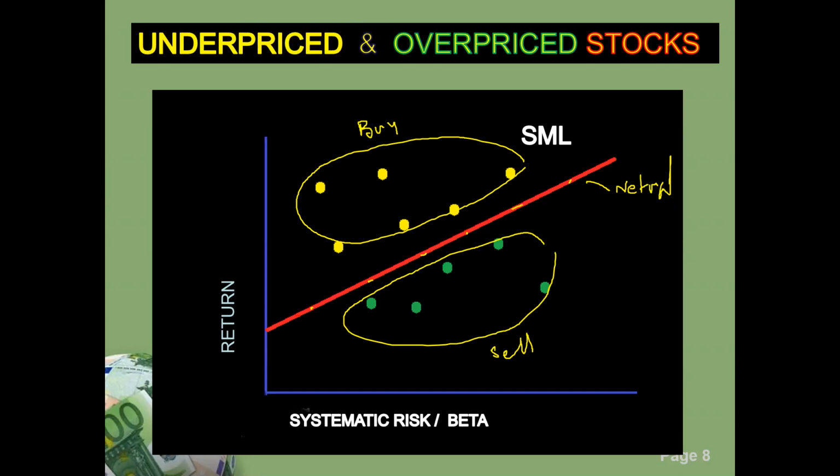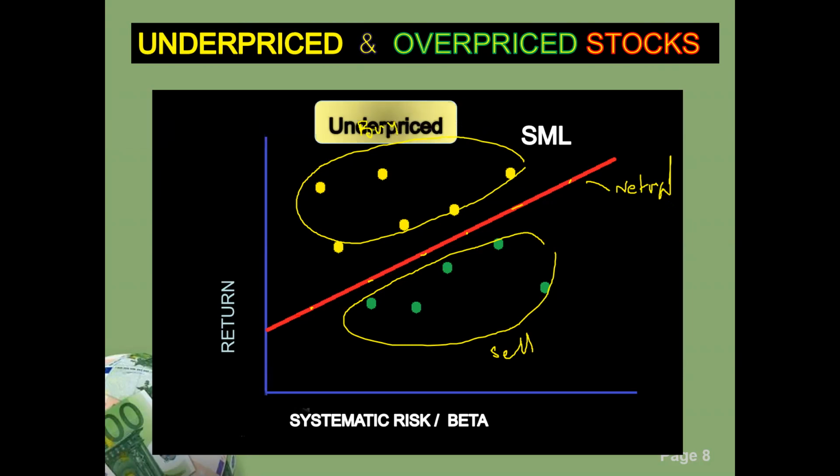He always writes sell in front of those stocks which are below the line, and neutral for those stocks which are on the line. Your choice. You want to buy it, buy it. You don't want to buy it, don't buy it. So this is how the security market line tells us which stock is more attractive, which stock is not attractive.